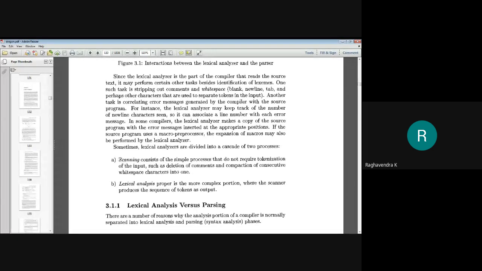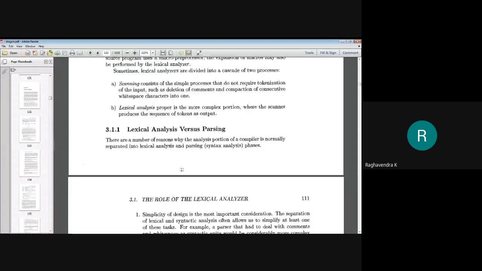First is scanning, where we take out unwanted things like spaces, comments, and white spaces. The second is the lexical analysis phase, where we divide our source program into a sequence of tokens.